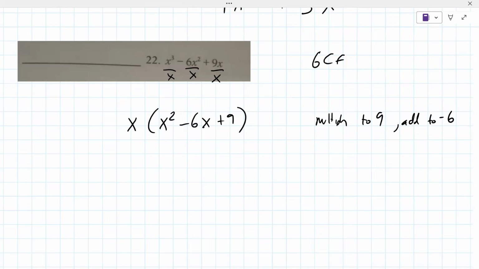What could those be? 1 and 9, 2, okay, and then actually can't do that. 3 and 6. They've got to multiply to 9.